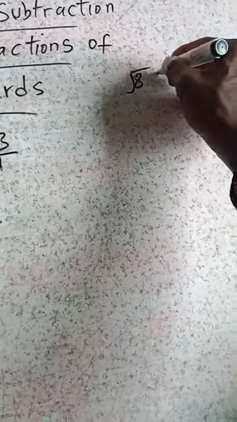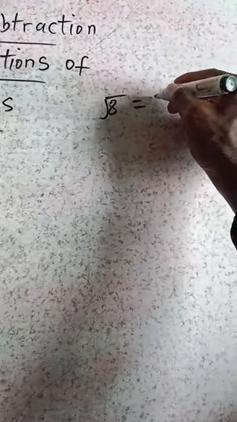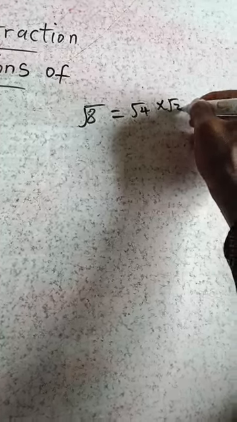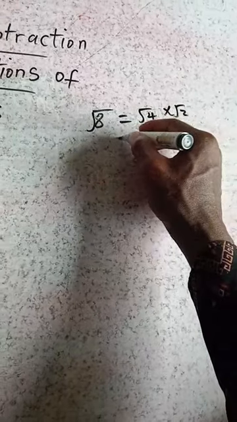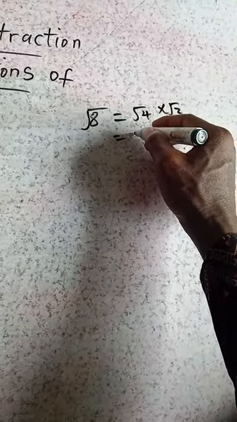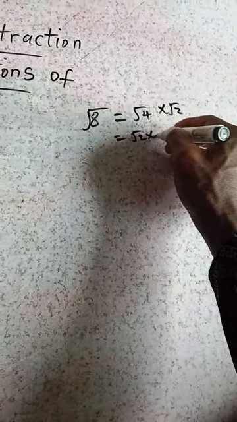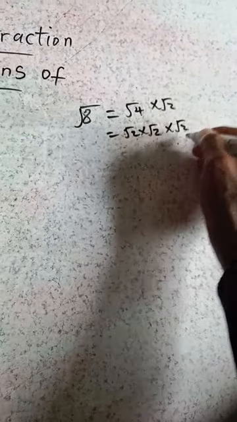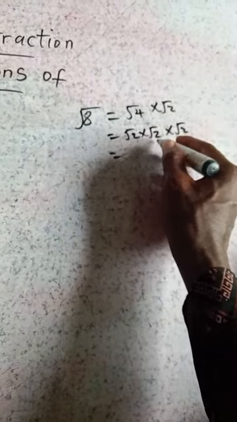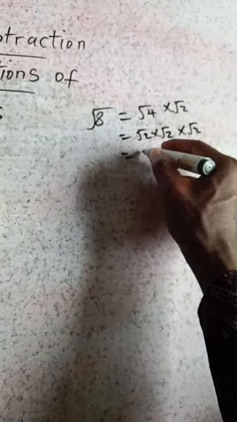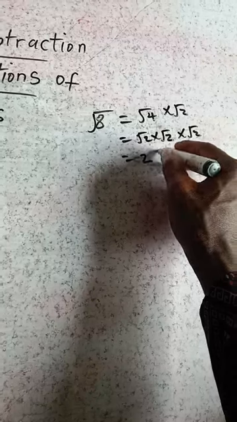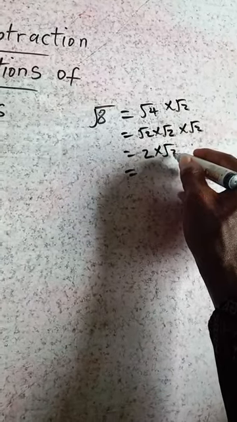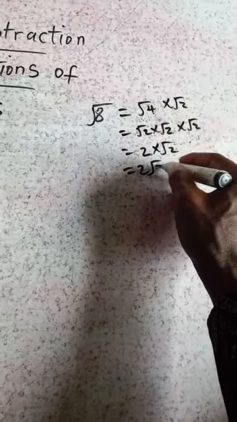If this is root 8 and we are simplifying it, it will be root 4 times root 2. Root 4 times root 2 will give you root 8. Then what about root 4? Root 4 will be root 2 times root 2. We know that root 2 times root 2 is 2, so that is 2 times root 2, which is 2 root 2.